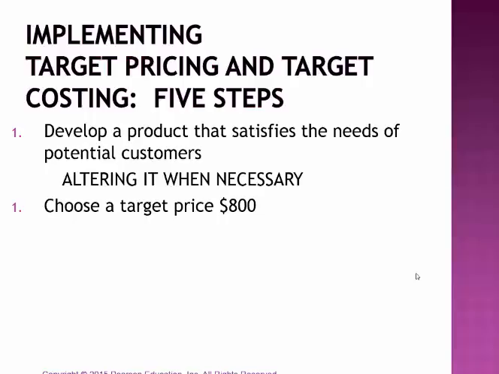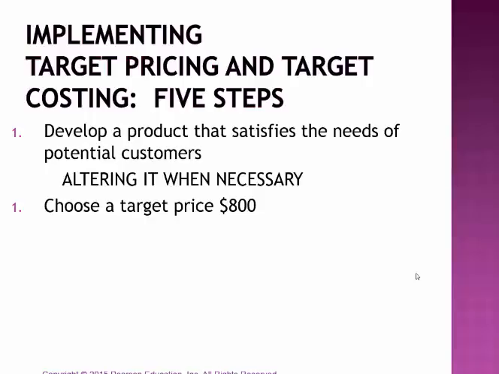Under our current example, we are going to be removing some of the attributes and we are going to be changing our target price from $1,000 per unit down to $800. We just saw that right now it costs us $680 to manufacture and a total of $900 per unit when you're looking at the long run cost.